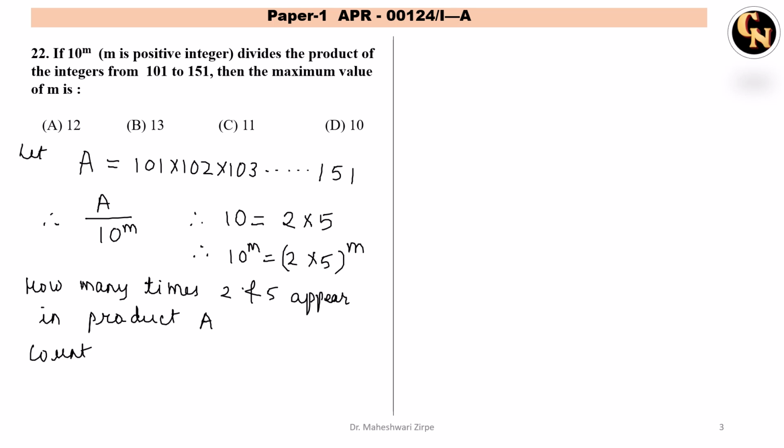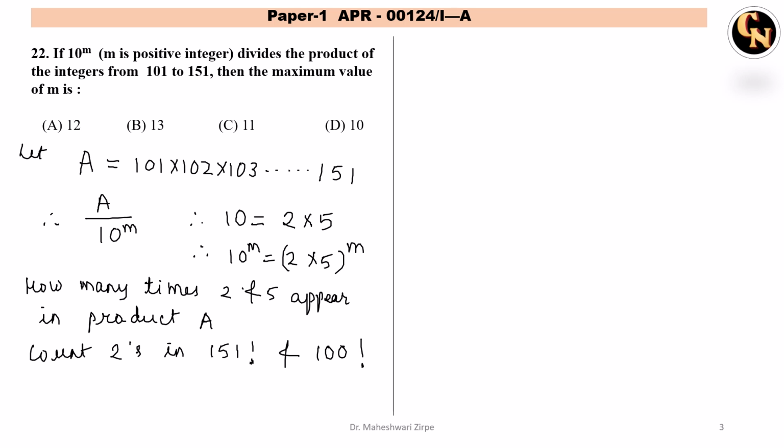What you'll do is count 2's in 151 factorial and even 100 factorial. You know what a factorial is.